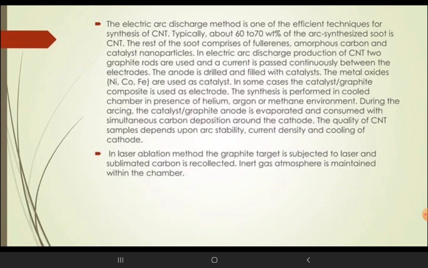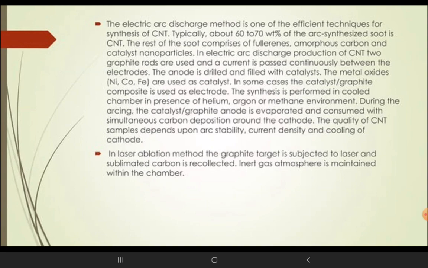In electric arc discharge production of CNT, two graphite rods are used and a current is passed continuously between the electrodes. The anode is drilled and filled with catalysts. Metal oxides, nickel, copper, and iron are used as catalyst. In some cases, a catalyst-graphite composite is used as electrode.